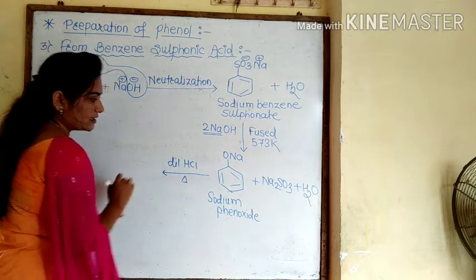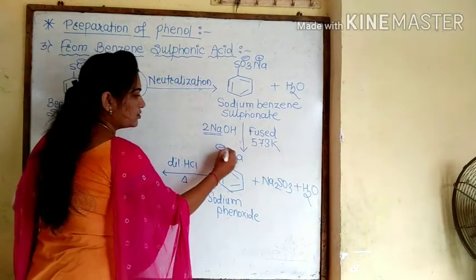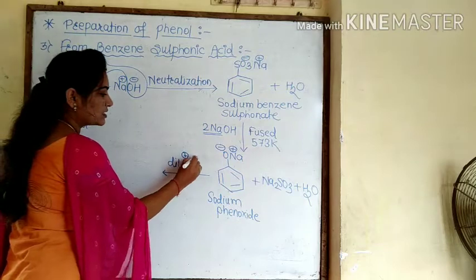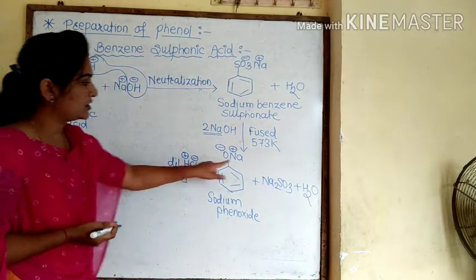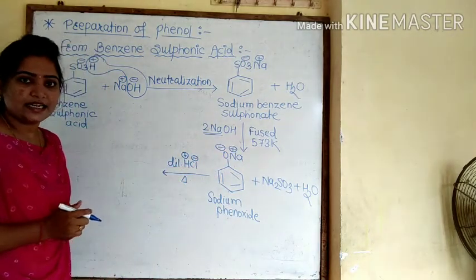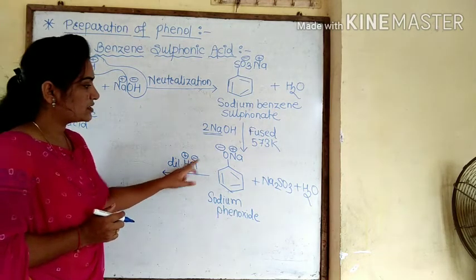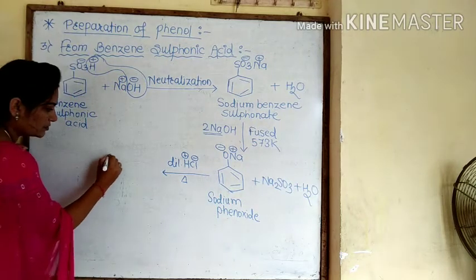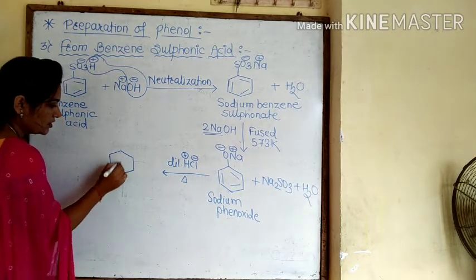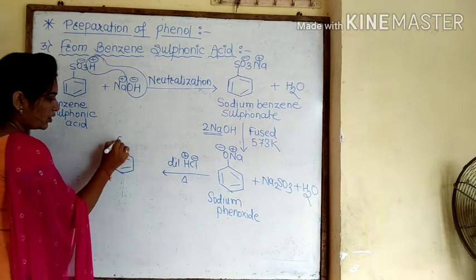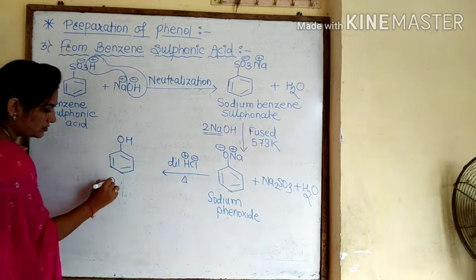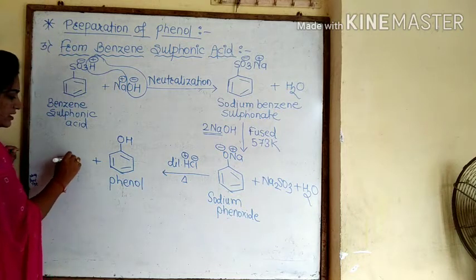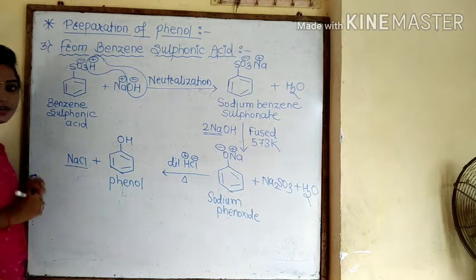So we get O negative, Na positive, and here H positive, Cl negative. NaCl gets removed and H positive is attached to the oxygen, so there is formation of phenol, and again loss of NaCl salt.